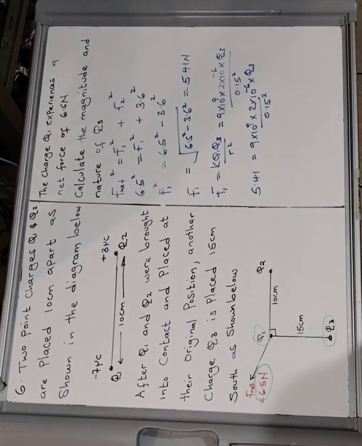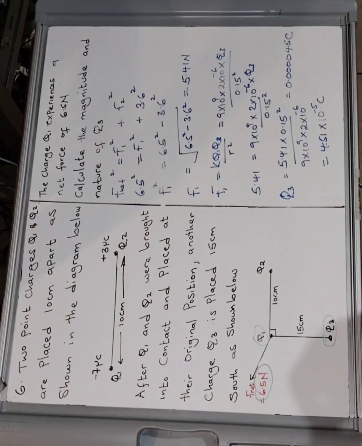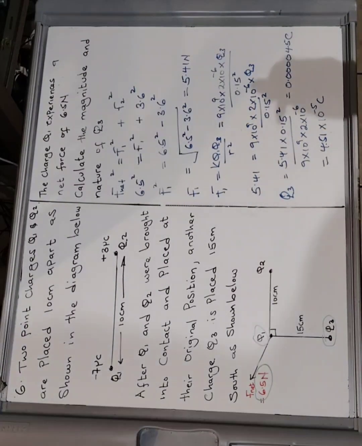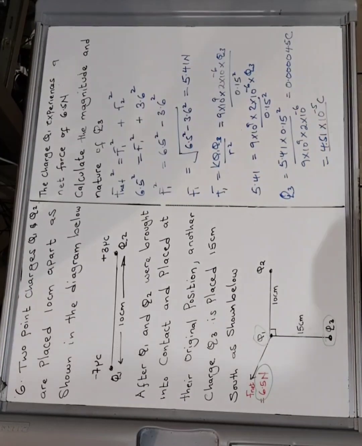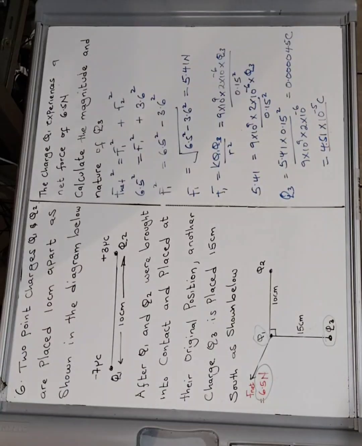So let us rearrange and get Q3. After rearrangement, this is what we get. Charge Q3 is 4.51 times 10 power minus 5 coulombs. Yeah, that's it. So it was a marathon, but it's doable.